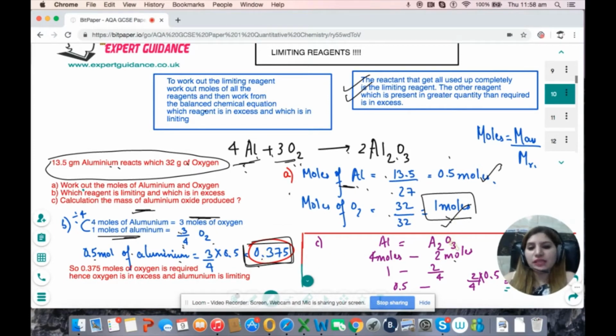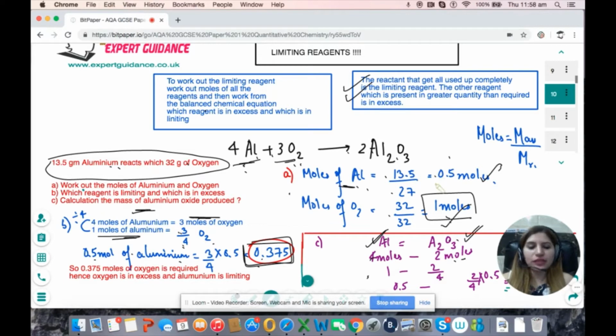Now, how will you find the mass of aluminium oxide? By doing the calculation in terms of the limiting reagent. So you will see the relationship between the limiting reagent and the product. You will keep the aluminium, the limiting reagent, to the left, aluminium oxide to the right. From the balanced chemical equation, 4 moles of aluminium gives 2 moles of aluminium oxide. 1 mole will give 2/4.